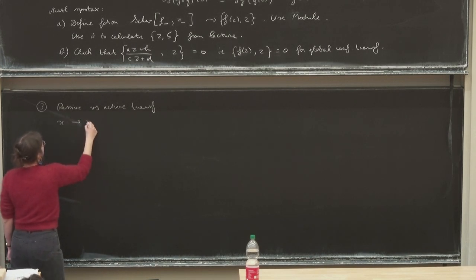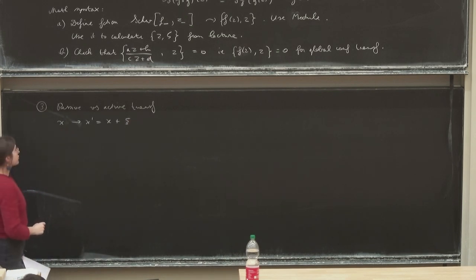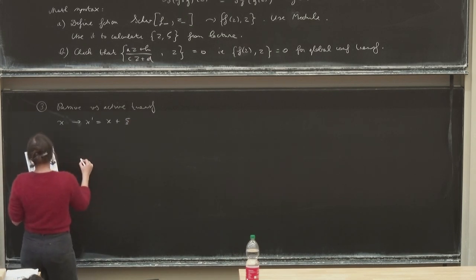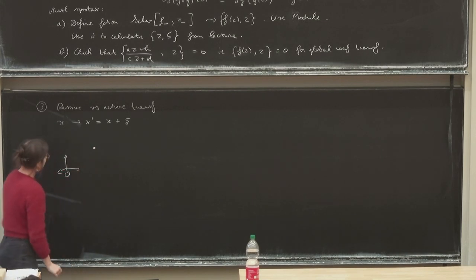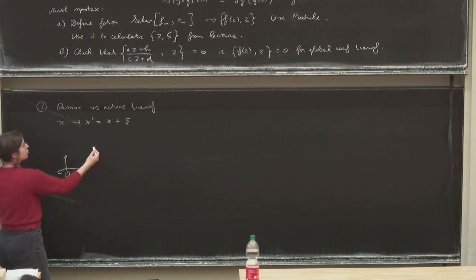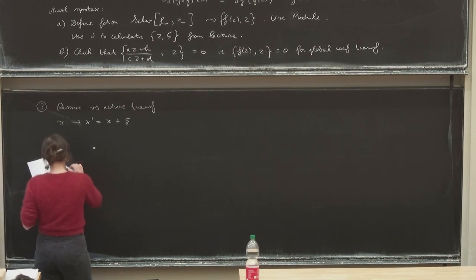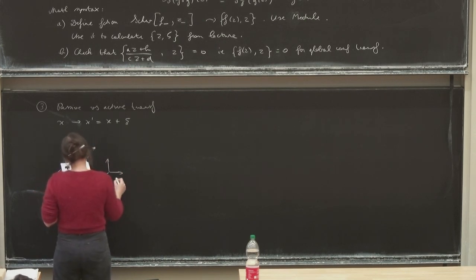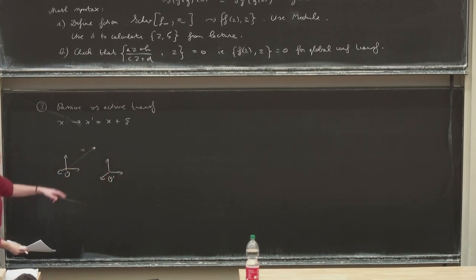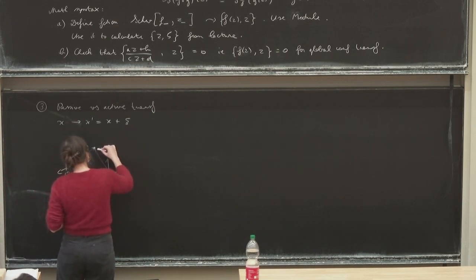X to x prime is x plus psi. Okay. So the first one, the passive one, is the simpler one, where if you have an observer O that measures this point P to be in the position X, then the passive interpretation of this coordinate transformation is that there's an O prime who measures this point to be at X prime, okay?